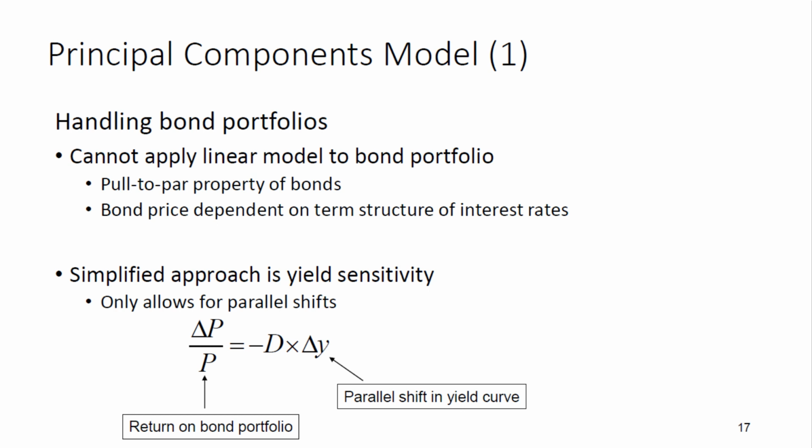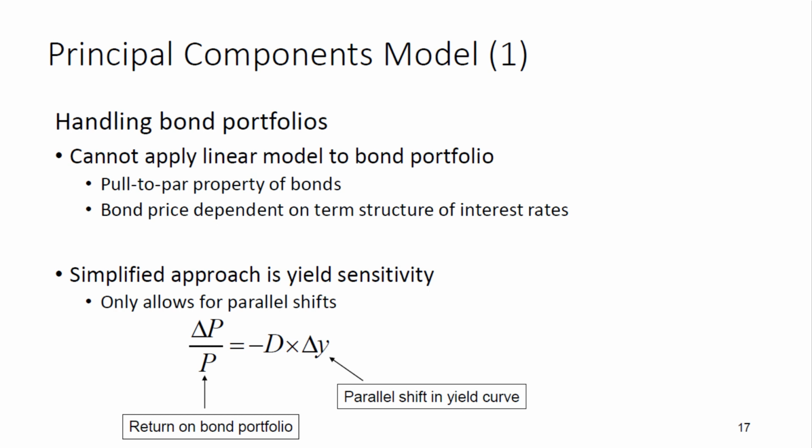So it's not easy to simply treat bonds as linear, because of this nonlinear relationship with the yields, but also bonds have a finite maturity, so they will not simply have returns ad infinitum, but in the end there will be a pull to par, they will converge back to the principal value.